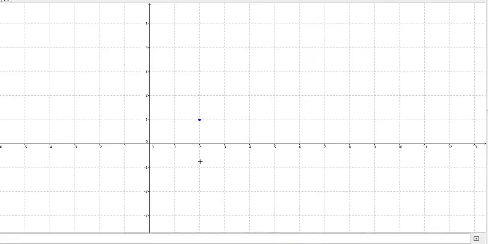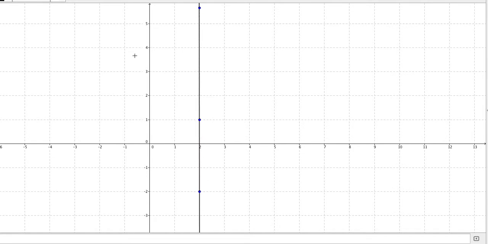So what we did was that we found a value. Remember, this is our axis of symmetry right here. Let me draw a line here. So this is our axis of symmetry, that line right there, and this is our vertex.